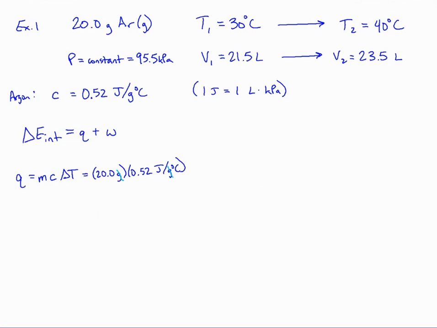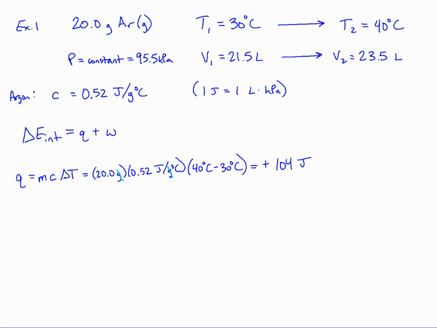So let's look back over here. Delta T was the final temperature minus the initial temperature. And of course the Celsius, which is 10 degrees Celsius, and the Celsius cancels. And so we get a number which is 104 joules, and it's actually positive 104.